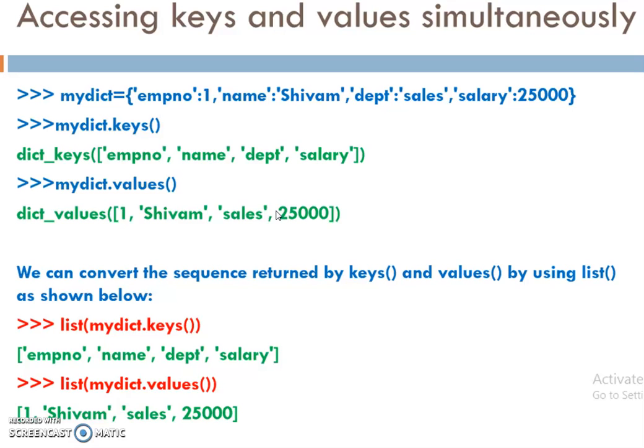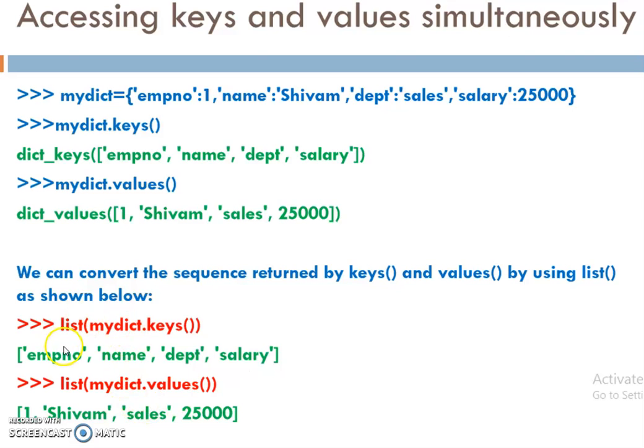Then we can convert the sequence returned by keys and values by using list. See the example: list of my dict.keys gives the answer emp number, name, department and salary.